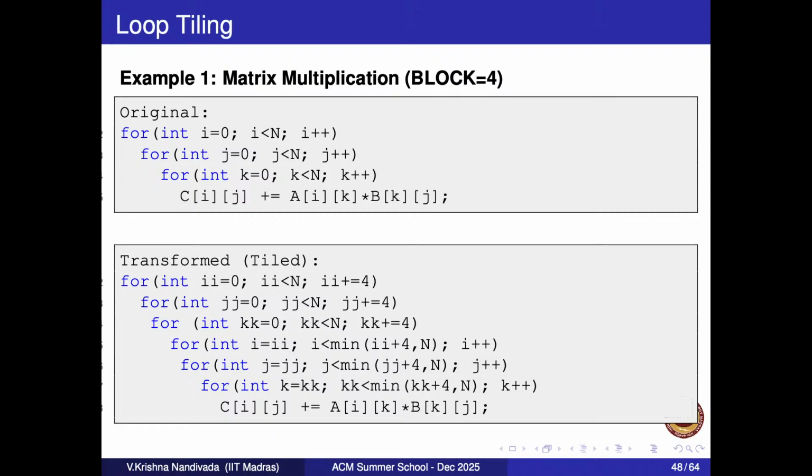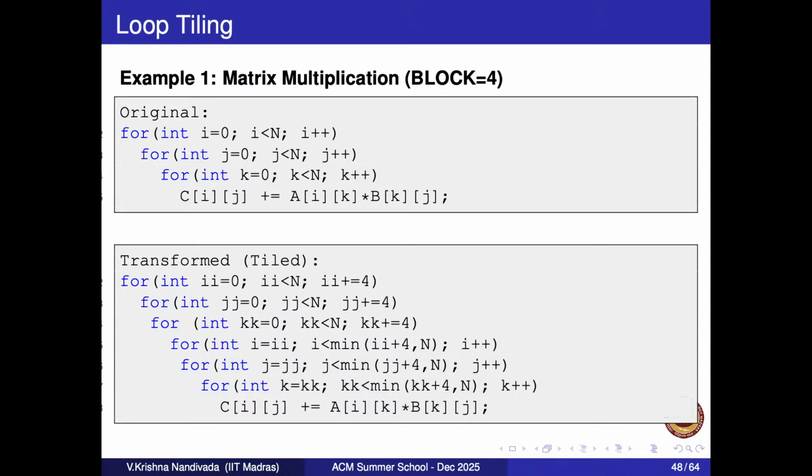But one thing, if you look at it, initially you wanted to take one full row, multiply with one full column. Now the order of computation has changed. Now you are multiplying these two, then you are multiplying these two, then again coming back to multiply this and this. So we are changing the order of the evaluation.